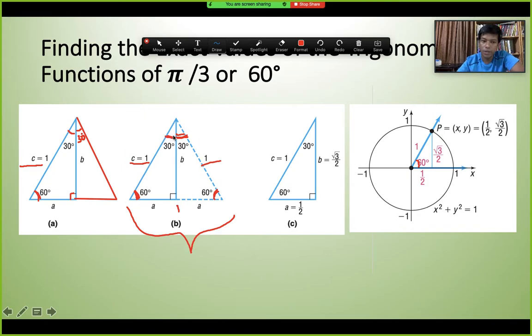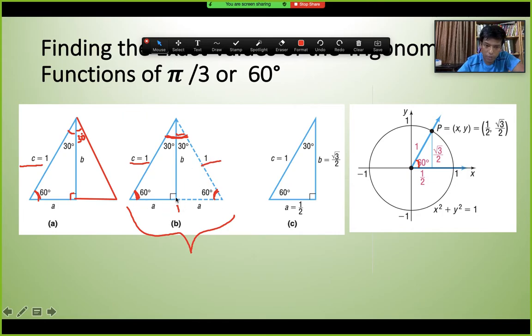Because their angles are the same, so their side lengths must be the same. In this case it is 60, 60, 60, so their corresponding sides should be the same: 1, 1, 1. Now this whole side is 1.